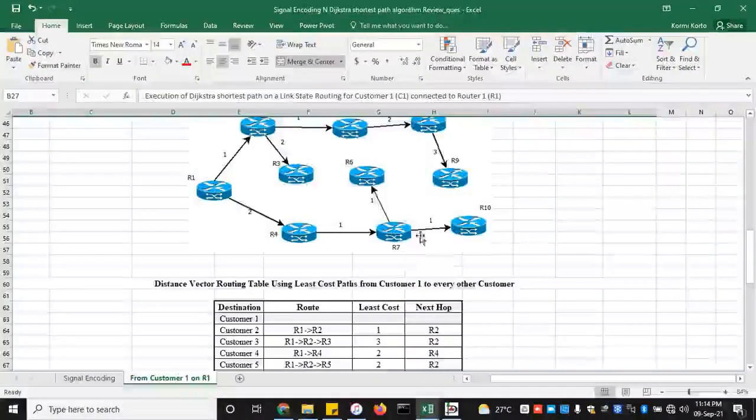Okay, and these are all under intra-domain routing. They are not inter-domain, but intra. They're internal. Most of your least cost algorithms are purely based on intra-domain transmission.